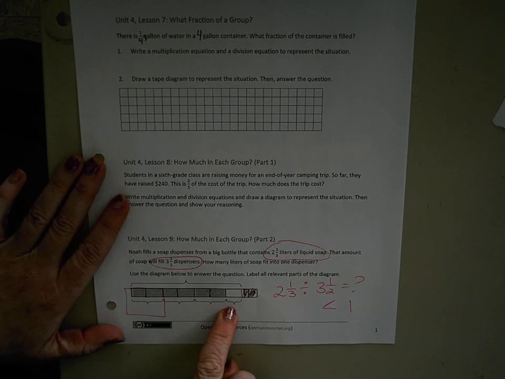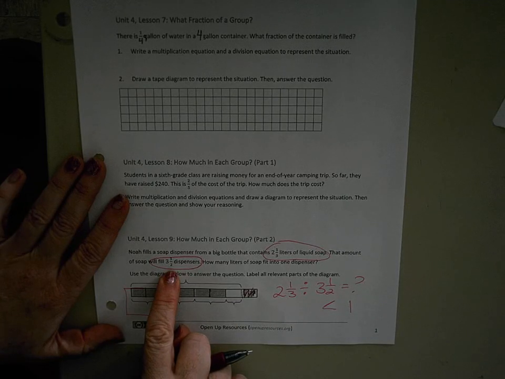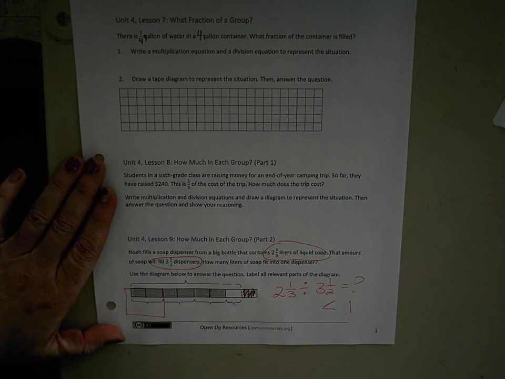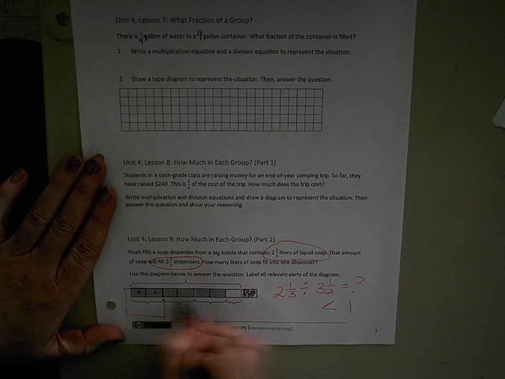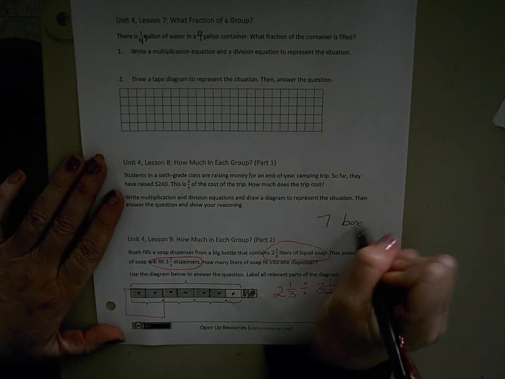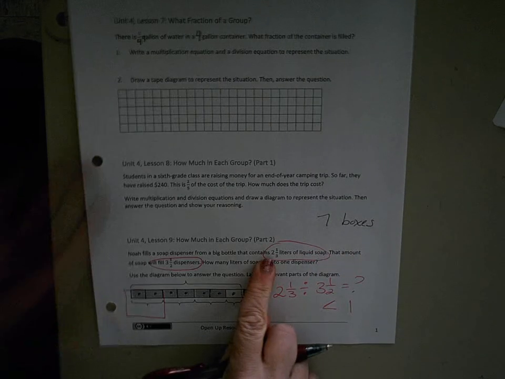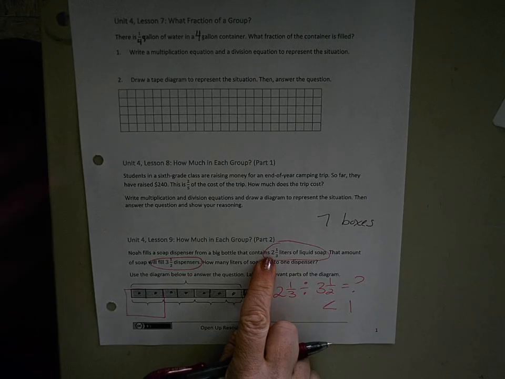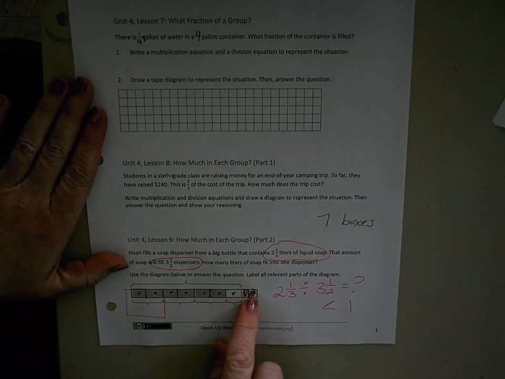That's what my denominator here is showing me. And so what I notice is I have 1, 2, 3, 4, 5, 6, 7 of these boxes. And I'm going to pour this 2 1/3 into these 7 boxes.